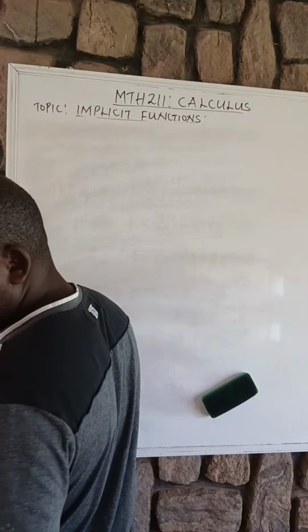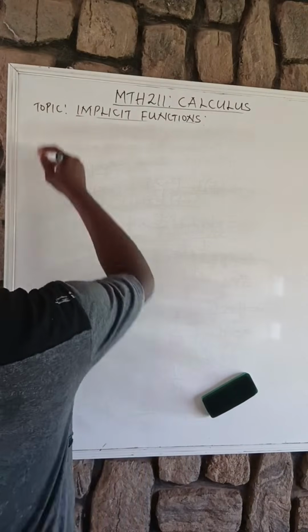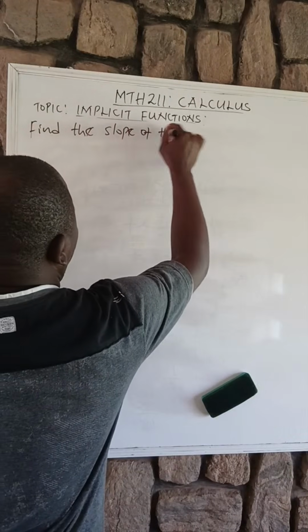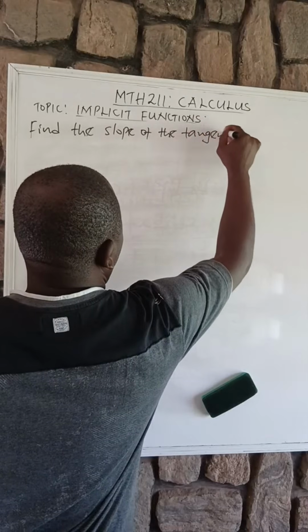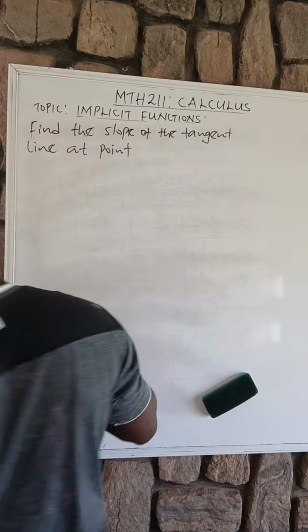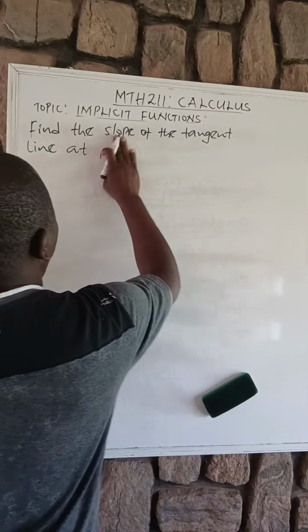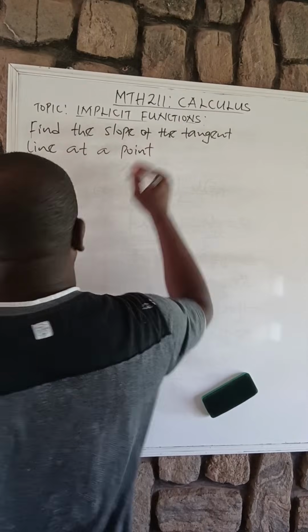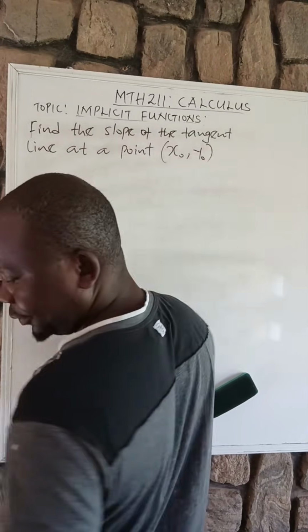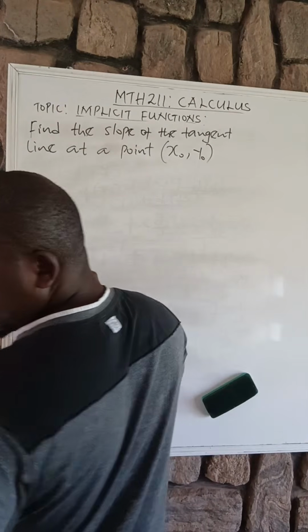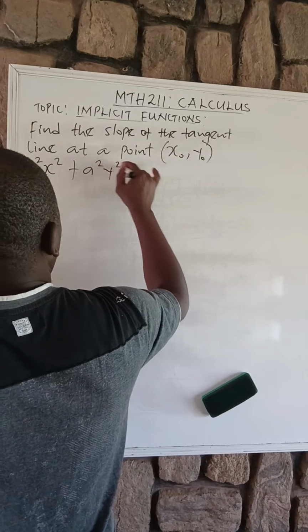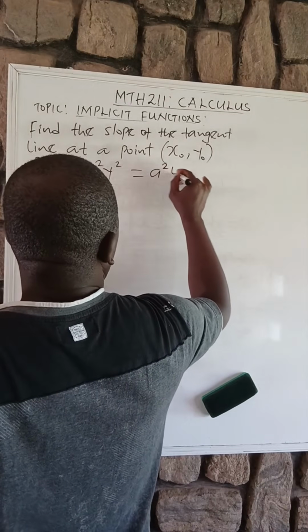Another example says, find the slope of the tangent line at a point x naught, y naught, b square x square plus a square y square equals a square b square.